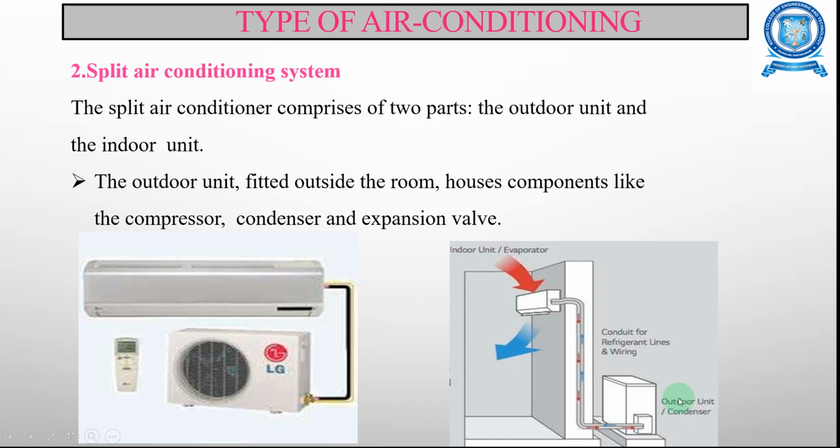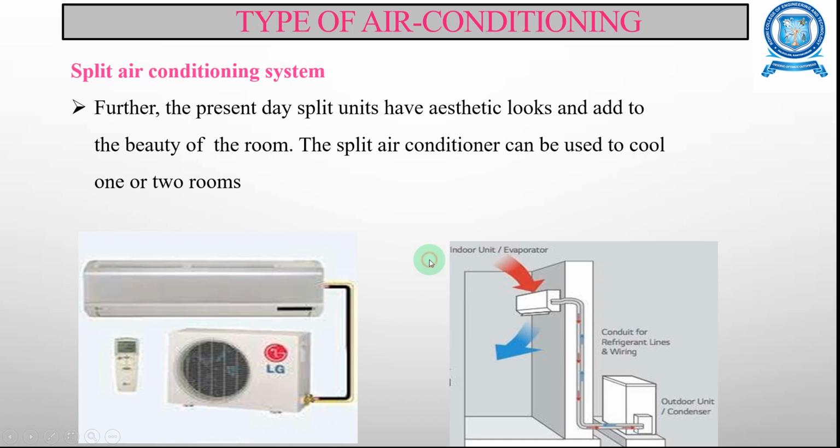This outdoor unit consists of components like a compressor, condenser, and expansion valve. Present day split units have aesthetic looks which add to the beauty of the room. Split air conditioners can be used to cool one or two rooms.